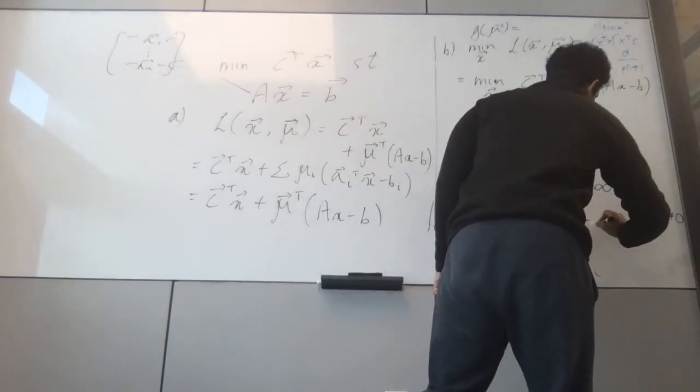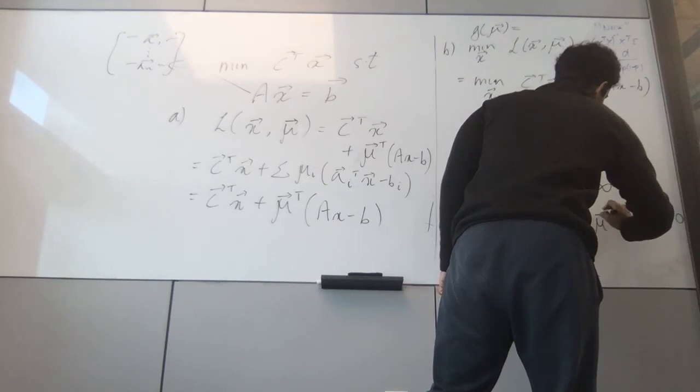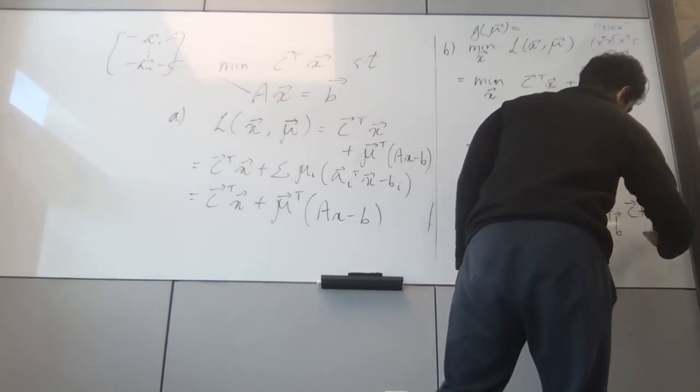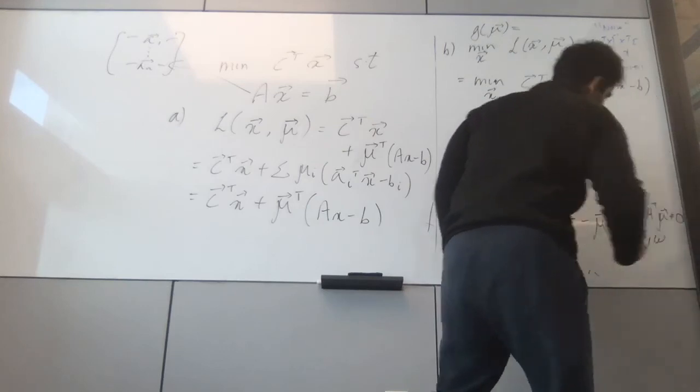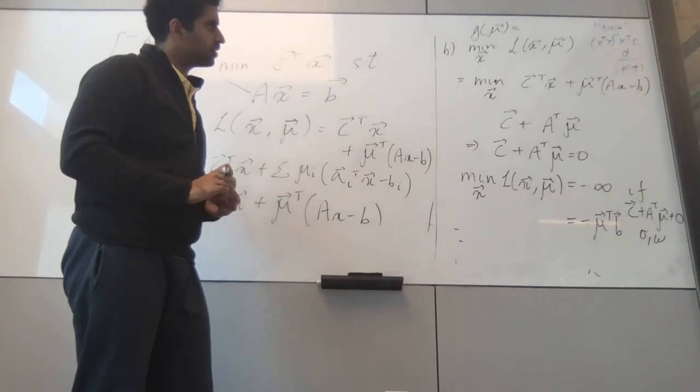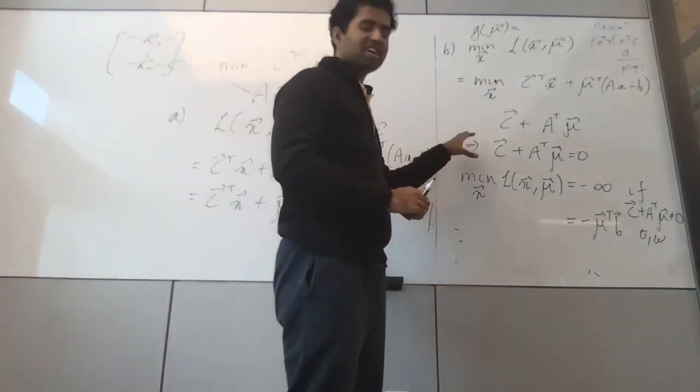Otherwise, it's just negative mu transpose b. So this tells you something, right?